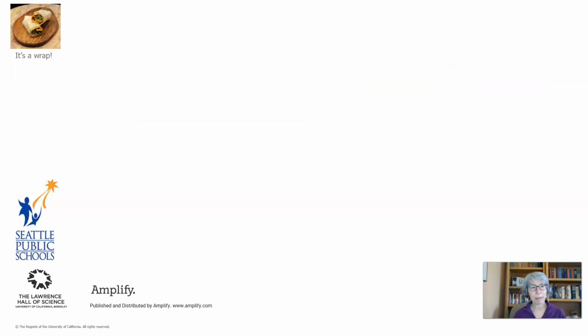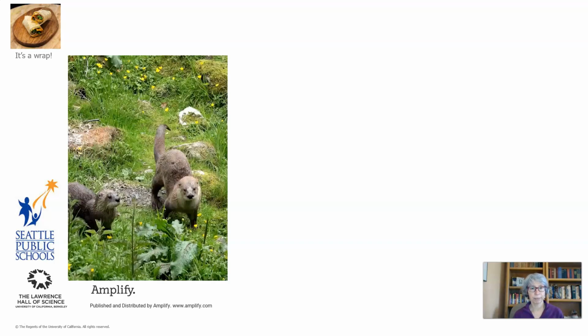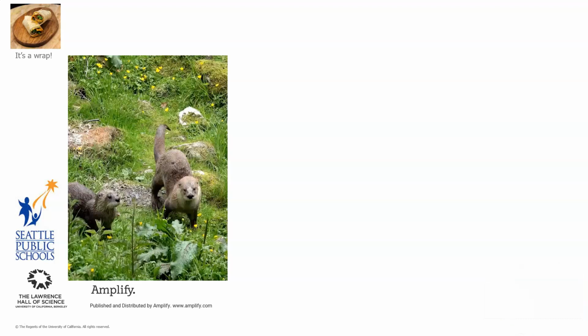All right, it's a wrap. Let's review what we've learned and done today. We used the book to gather evidence to support our claim that animals grow by eating and adding molecules to their bodies.